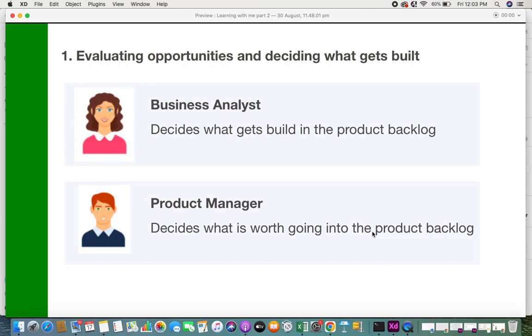Is that going to be really worthwhile implementing? What is going to be my ROI of that particular feature? All these things need to be put into thought, and then product managers need to be able to take that decision to decide what is worth going into the product backlog.